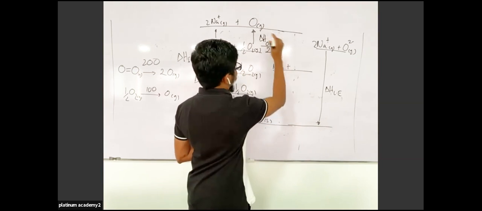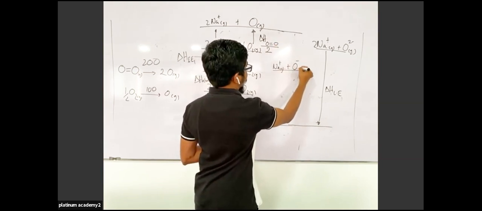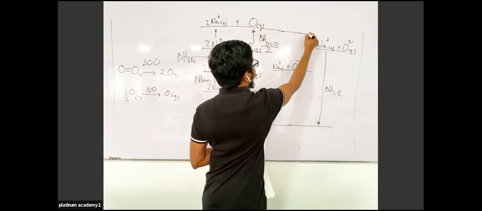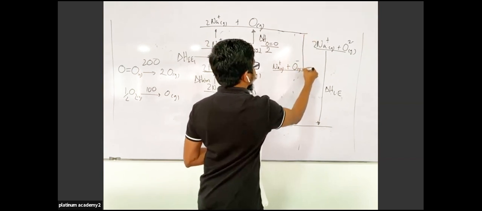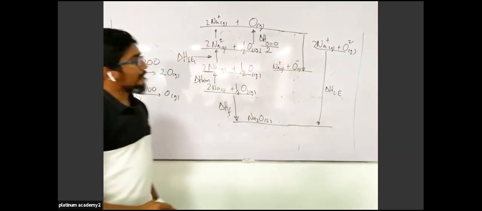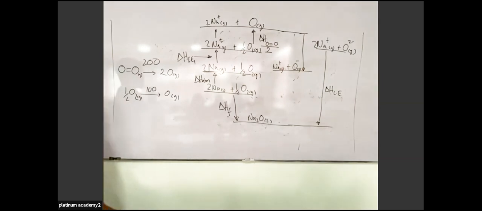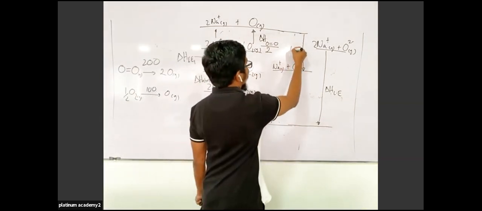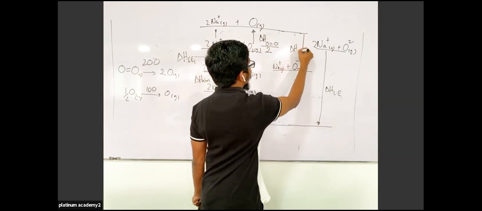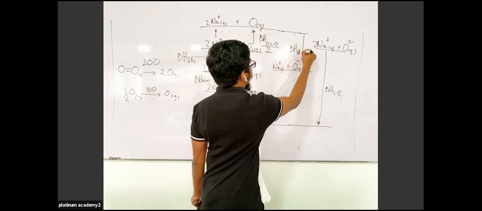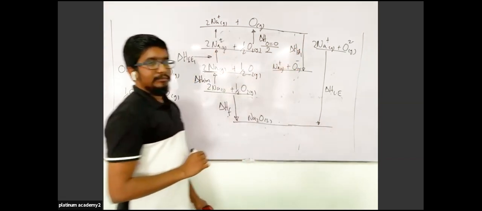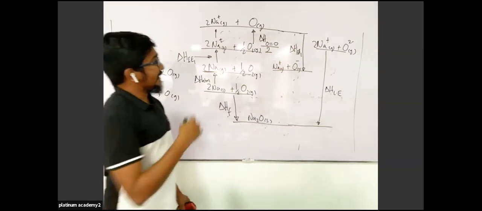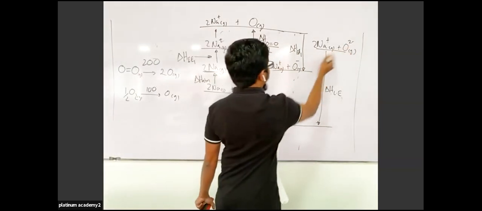Okay, I'm going to put one electron. It's -1 now. You have to do this. Now this is known as electron affinity 1. Then the next step is getting 2 minus from 1 minus.